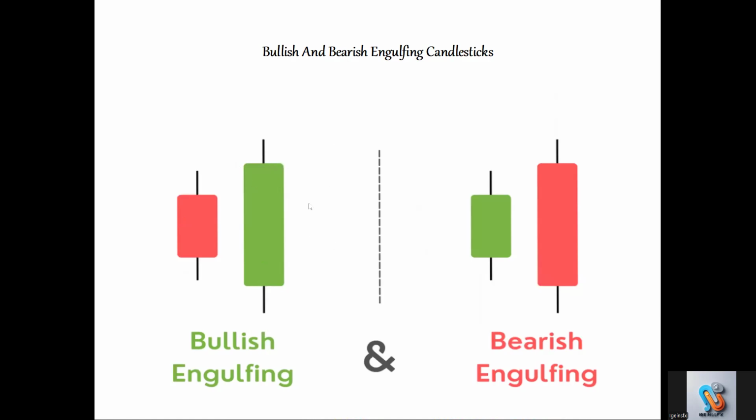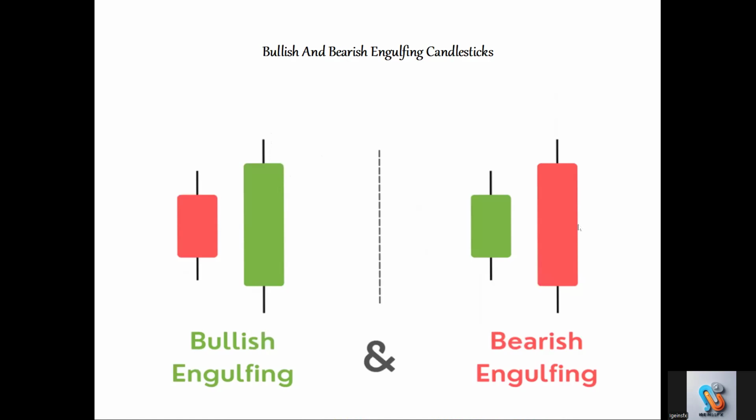That is what we call a bullish engulfing. It will engulf the previous candle. That is a sign of buying pressure. It tells us buyers are in the market, so you just wait patiently for the candle to close, then you enter.